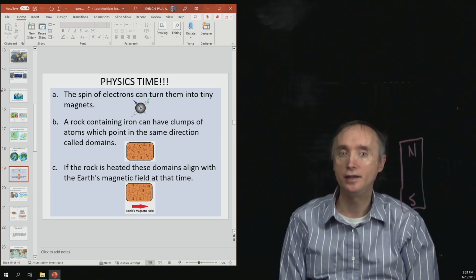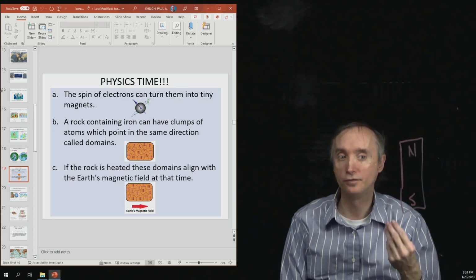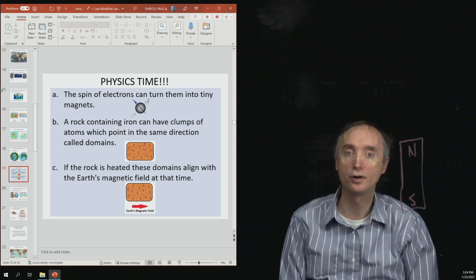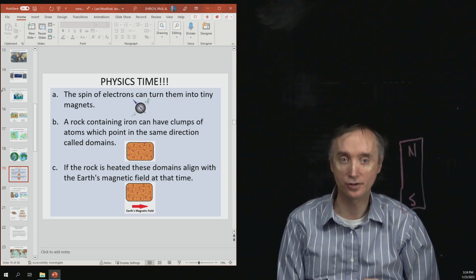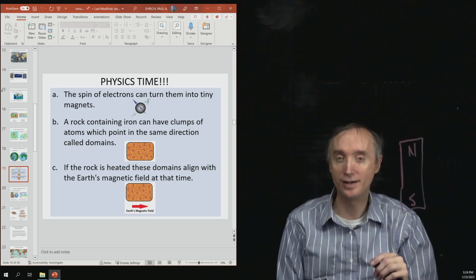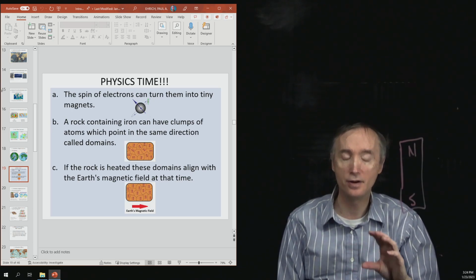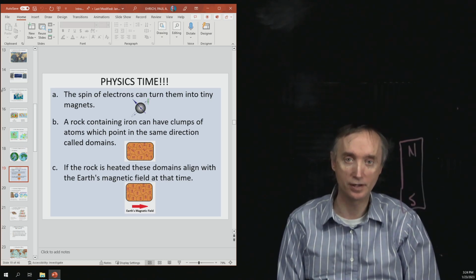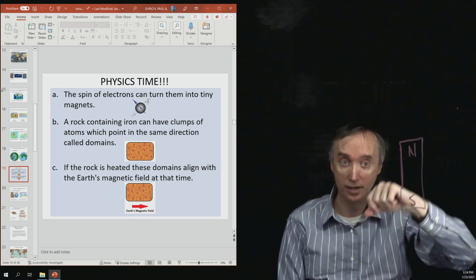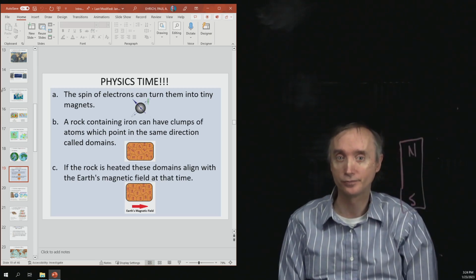And so iron turns out to have 4 electrons, and those 4 electrons can spin in the same direction, so that iron is naturally magnetic. So any iron atom is a natural magnet because of those spinning electrons that are in orbit around the nucleus of the iron atoms.